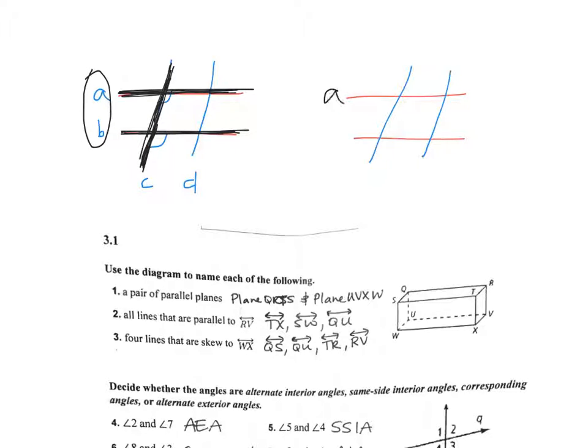Whereas on this one, let's say I told you this angle is congruent to this angle. Again, if you draw in the angles, so the angles formed here, and then the second one is here and here, right? Well, of the lines that are drawn in right now, we have A, we have C, and we have D, okay?